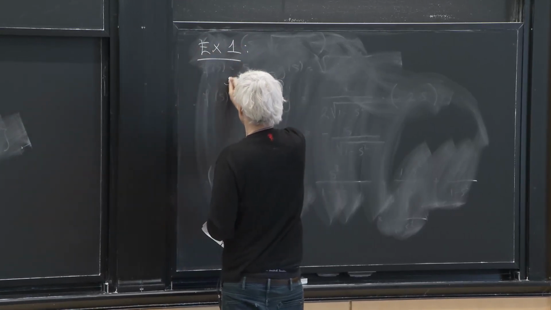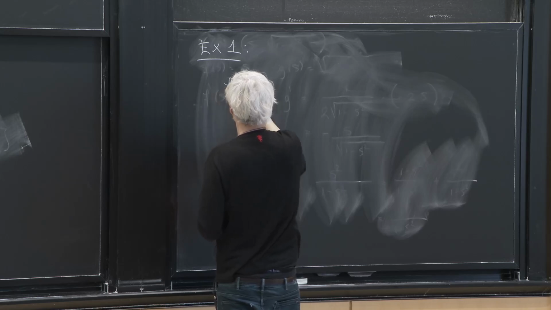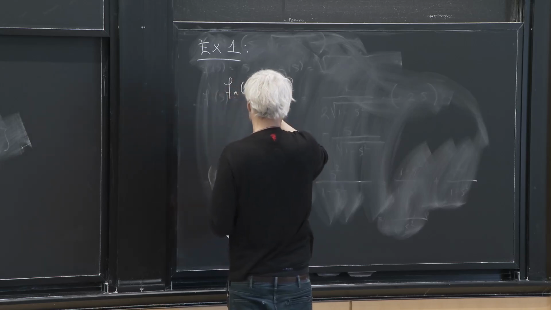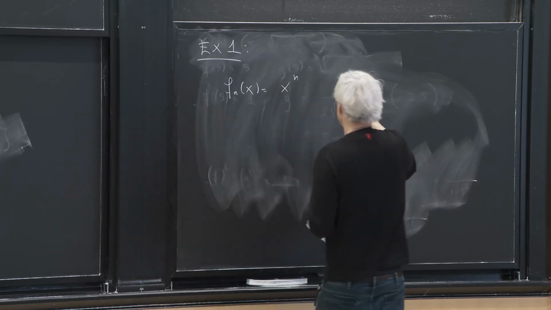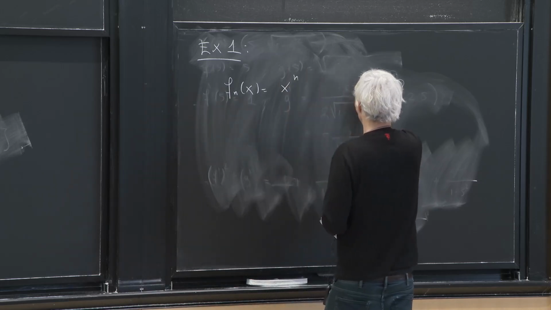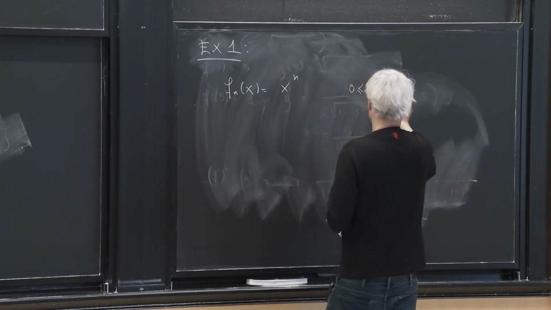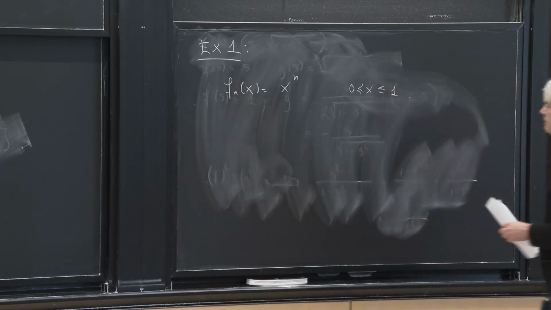This is where the function fn of x is equal to x to the n, and x here is between 0 and 1.